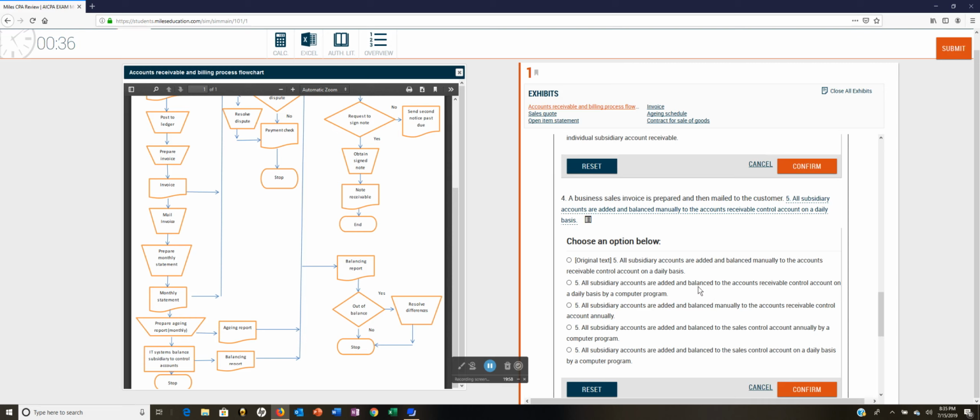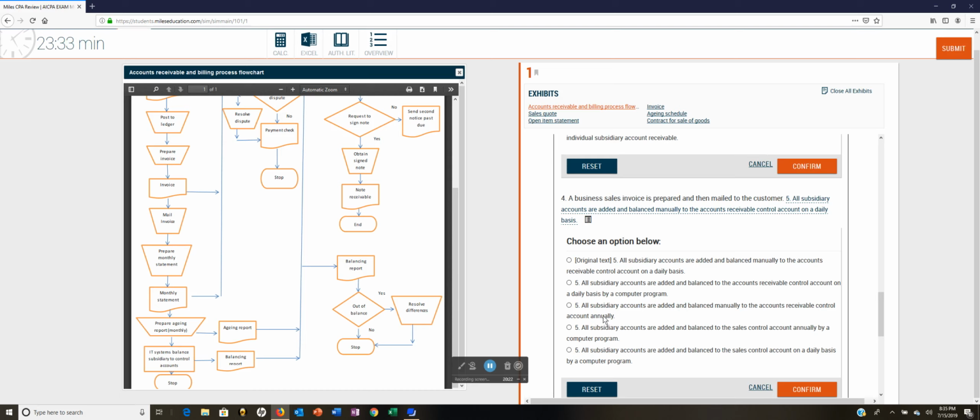All subsidiary accounts are added and balanced to accounts receivable control account on a daily basis by a computer program. That looks like it could be right. Any answer that says manually is not going to be right. All subsidiary accounts are added and balanced manually to the control account. No, we know that's not correct. And that says annually.